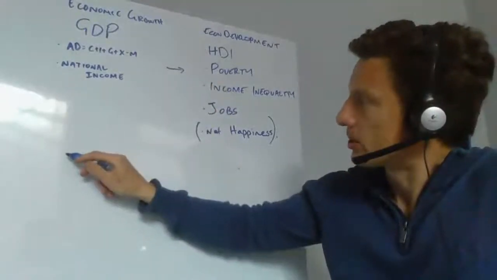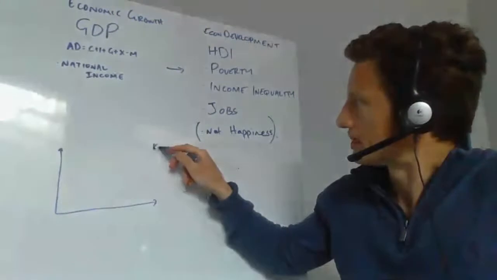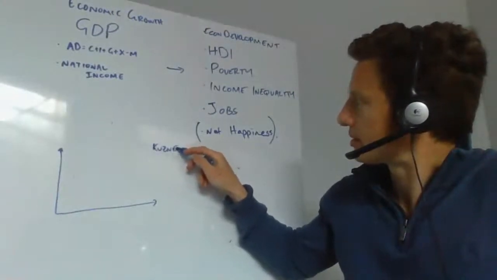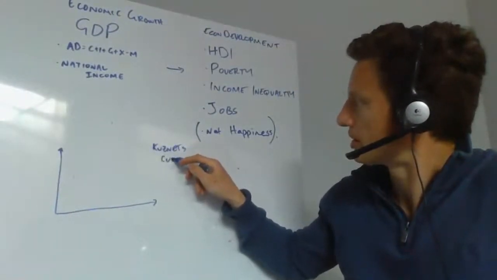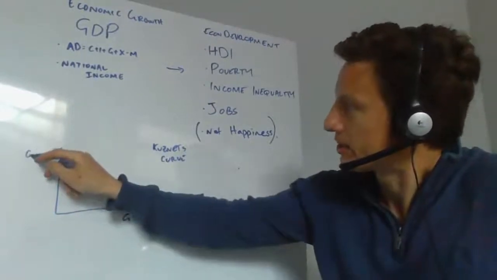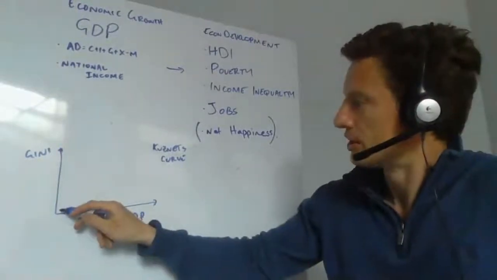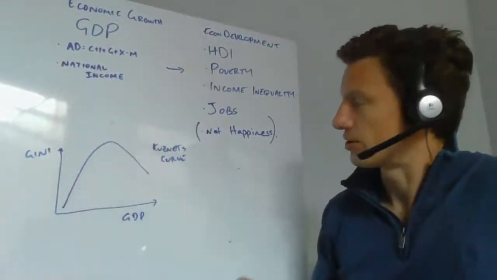GDP and income inequality, well, there is something called the Kuznets curve. In fact, Kuznets won the Nobel Prize based on his work here. And what he kind of argued was that as GDP increases within a country, you get this effect going on.